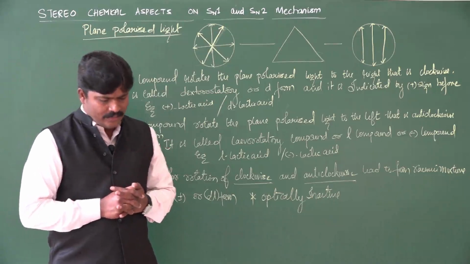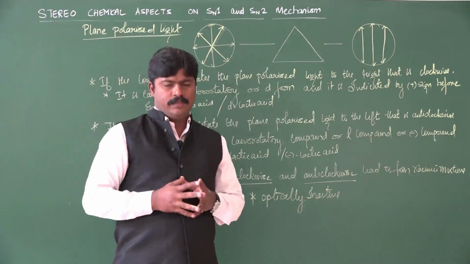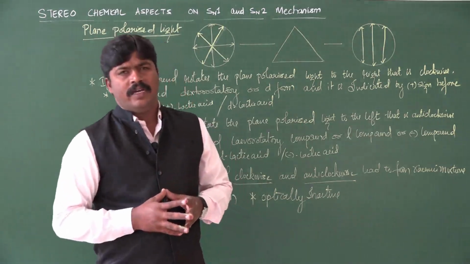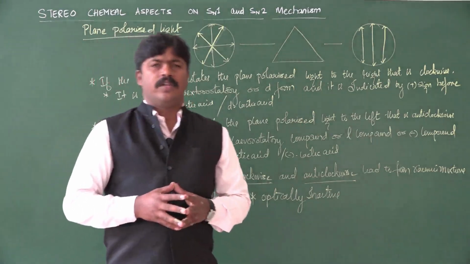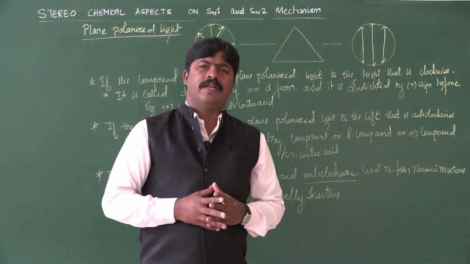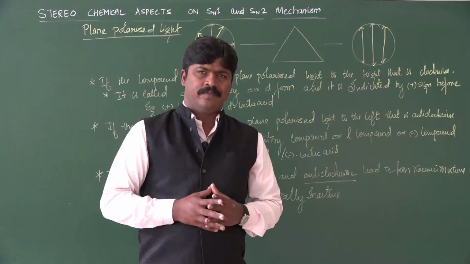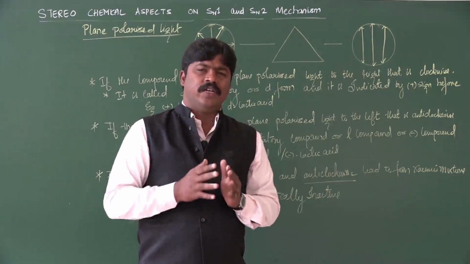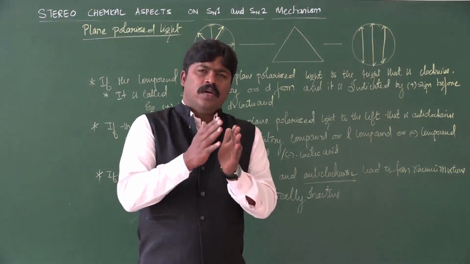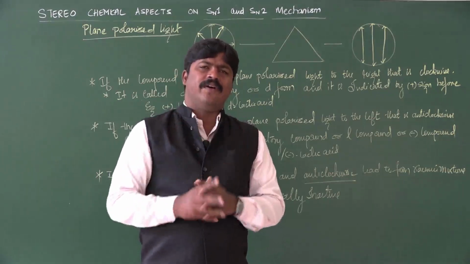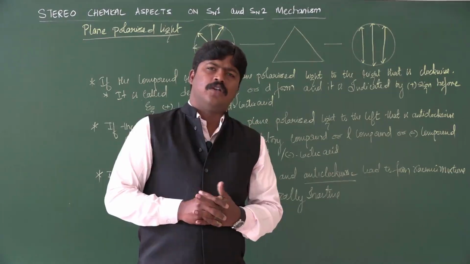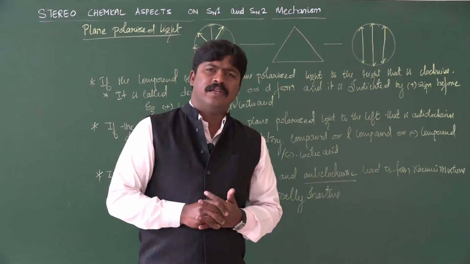So, after getting this information, the next question you will ask me, sir, how can I identify by seeing an organic compound it is optically active or inactive? That is our next journey where we will try to find out and learn things to identify whether the organic compound is optically active or optically inactive.